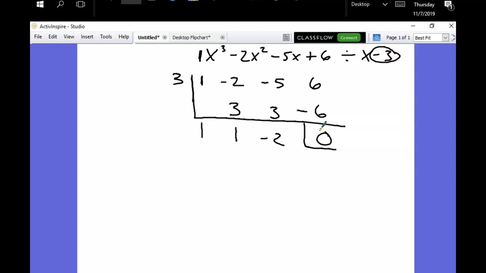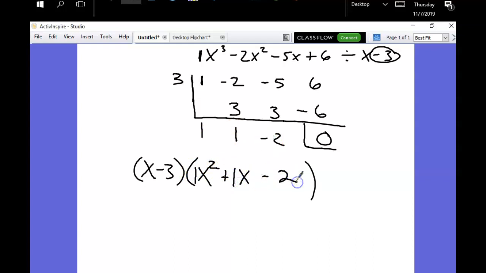Okay. So what's the point of this? Well, what's one of my factors, you guys? It was 3, right? So there's one of my factors. And when I divided it into here, what was left? 1x squared, and 1x minus 2.